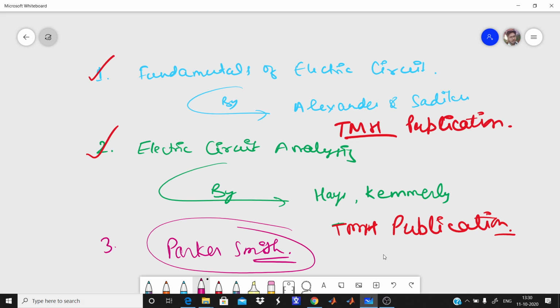Maybe you have studied SC Verma physics in your 11th or 12th. In that they have mentioned various types of problems. Likewise, in this book, a variety of problems is mentioned. If you follow these three books, then as per my experience, you will be able to solve any type of network or circuit.